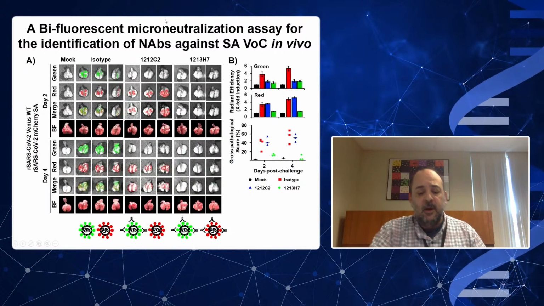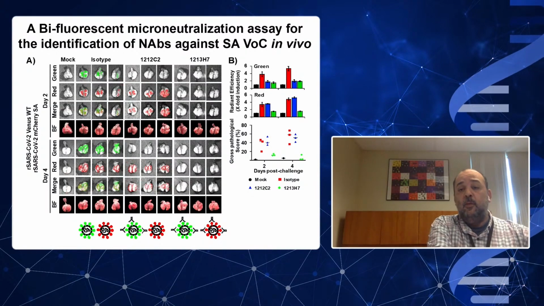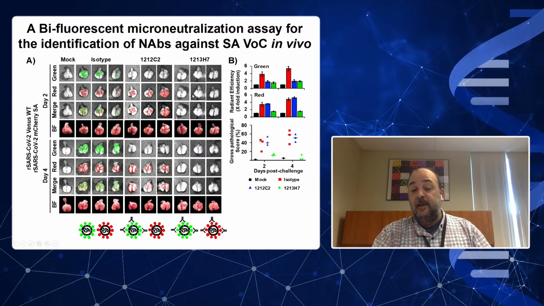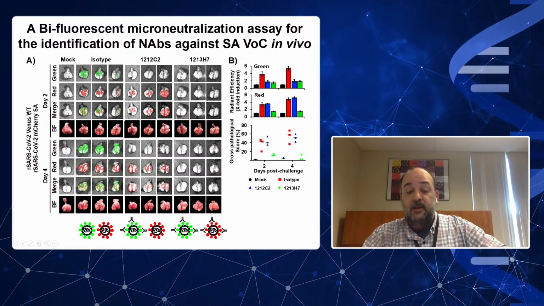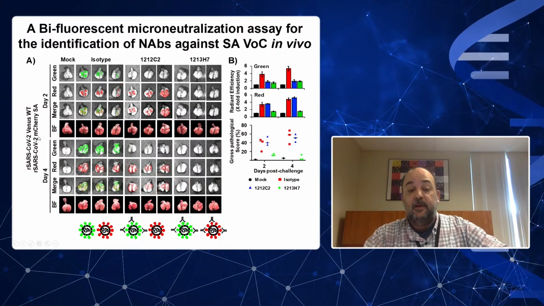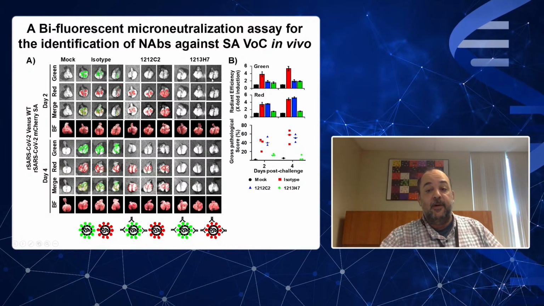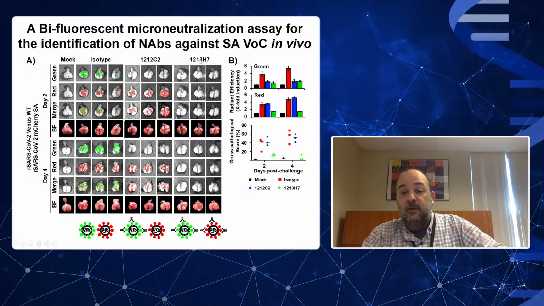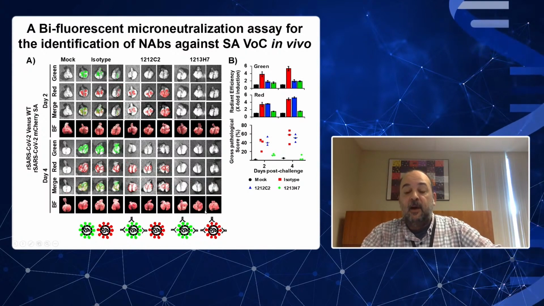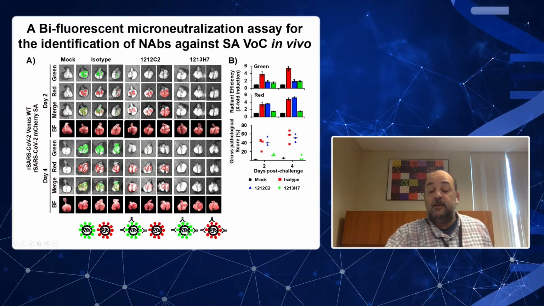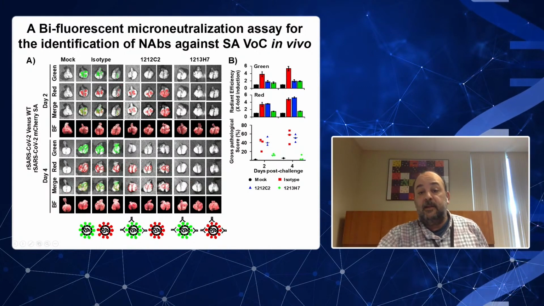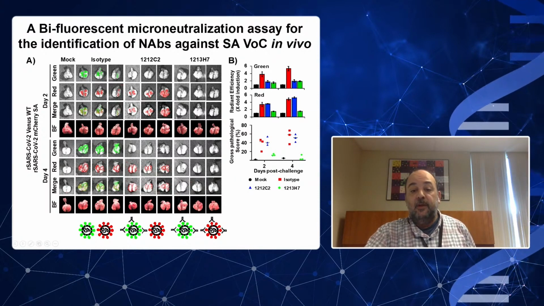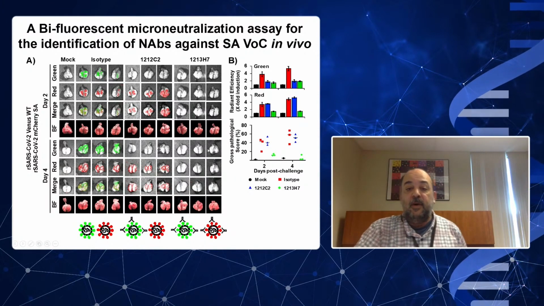Now, what was very interesting is when we evaluated the lungs of the mice that were infected at the same time with the Washington original strain expressing Venus and the South African expressing mCherry. As you can see here, for the mice that were treated with 12-1387, since this monoclonal antibody is able to neutralize both viruses, we could not detect Venus or mCherry expression either at day 2 or at day 4 after challenge with the virus.